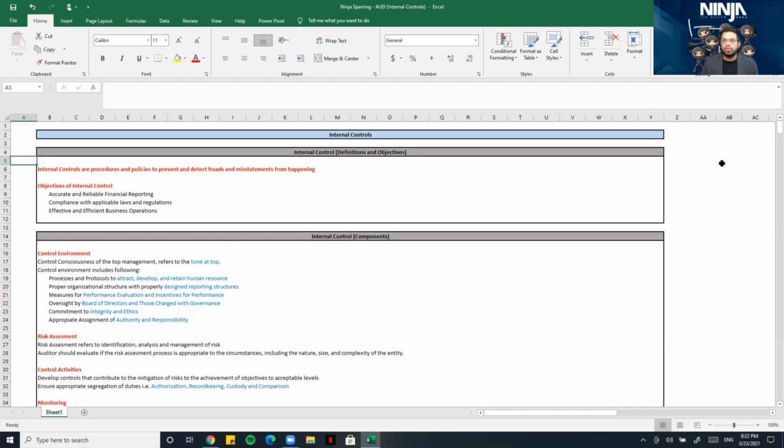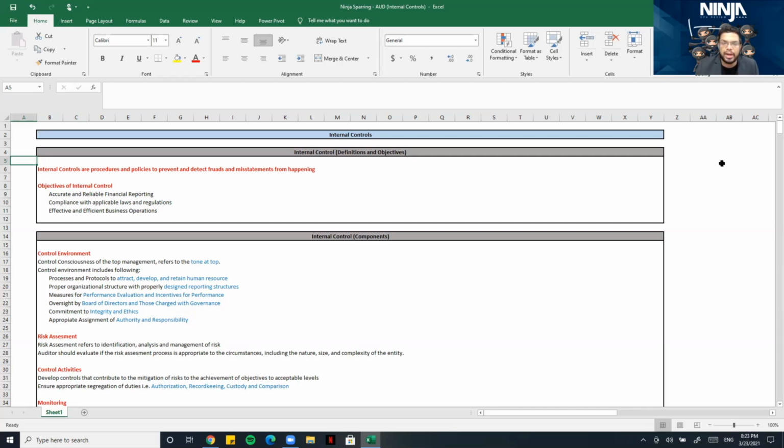The fire alarm system, the fire sprinkler system which we have, those are internal controls because they prevent loss in case of fire. The smoke detectors are again internal controls. The CCTV cameras installed to detect who is accessing what are also internal controls.